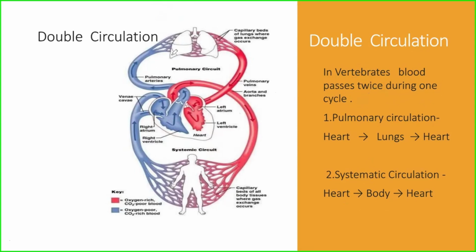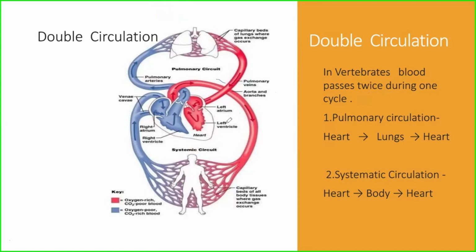One is pulmonary circulation, in which blood passes from the heart to the lungs and back to the heart. In systemic circulation, blood is transported from the heart to the body parts and comes back to the heart. In this way, blood passes two times through the heart during one cycle.